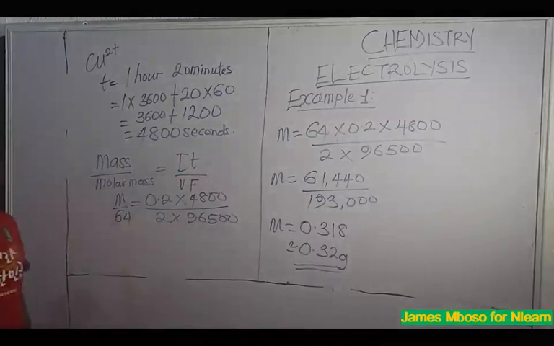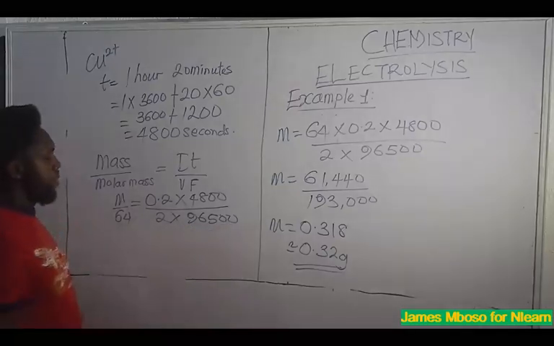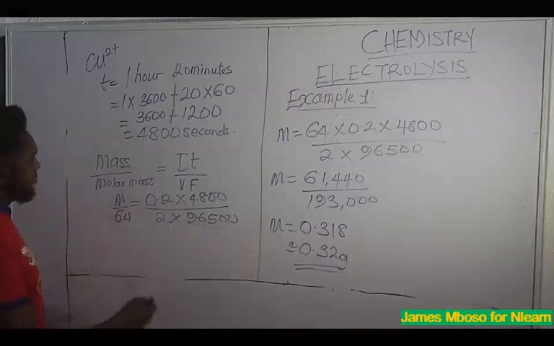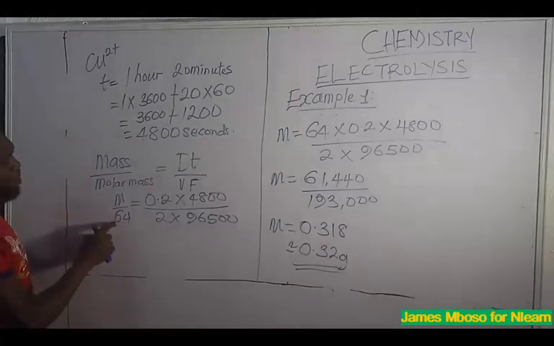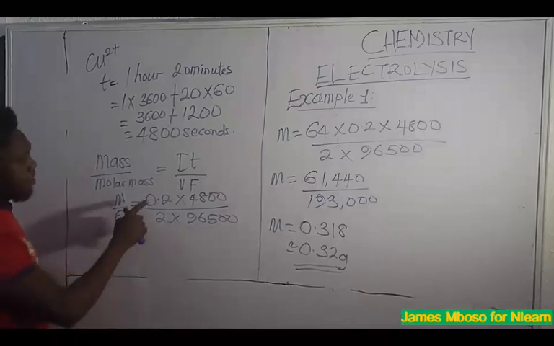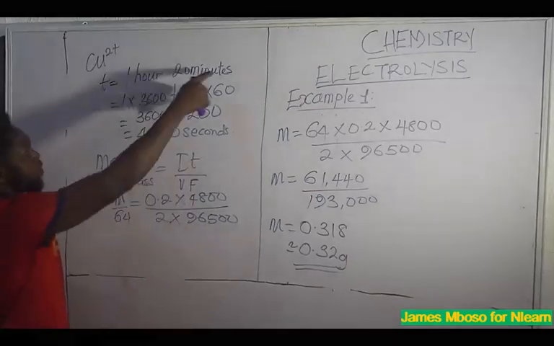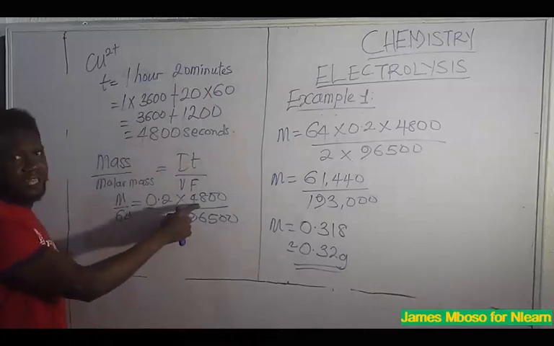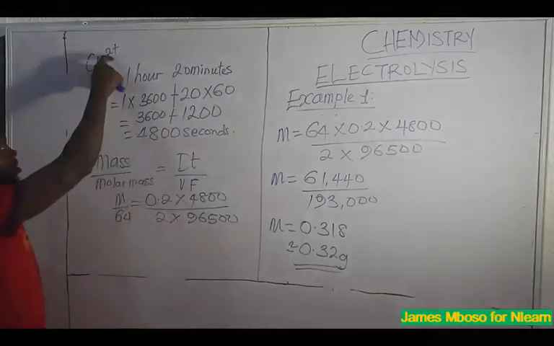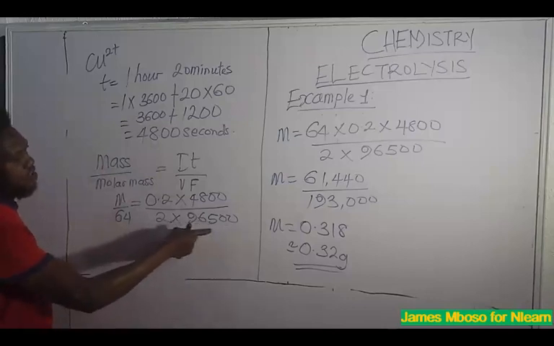Do not forget that our Faraday constant is 96500 coulomb per mole. When we substitute our variables, the molar mass of copper is 64, the current is 0.2, our time has been converted to 4,800 seconds, then the valency, which is the charge on the copper, is 2, times the Faraday's constant.